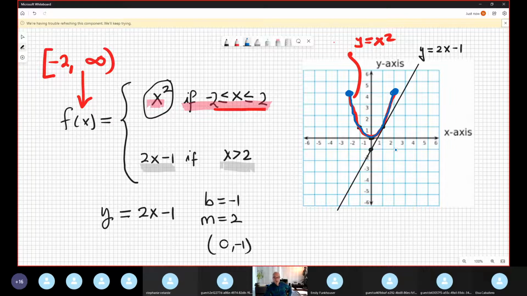Now the other part is the line that starts at 2, but at 2 this is open because no equal, and continues forever in that direction. And the rest you can delete. Not important. The blue is the only important. The blue yes, the red no. And this is the graph of the piecewise function.